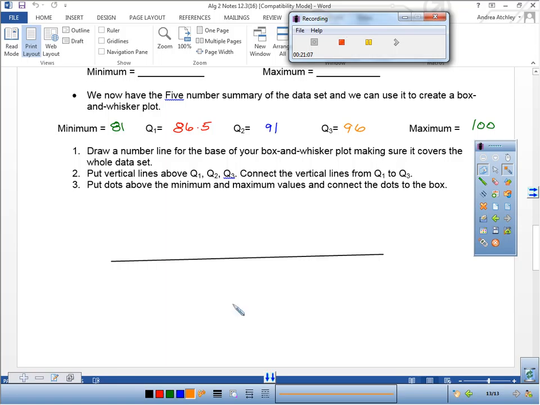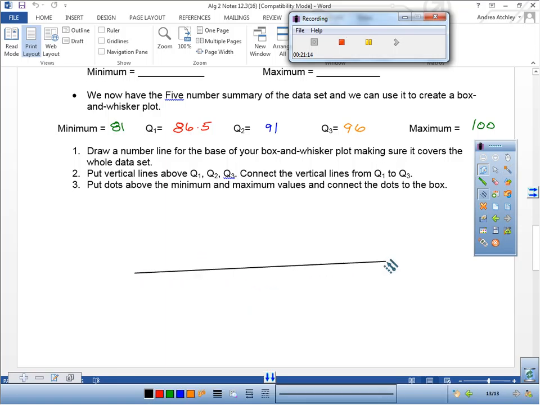It's not straight, is it? There we go. Okay, I'm going to count. We want to make sure it goes below 81 and goes above 100 just to make it look nice. So I'm going to start at 70.